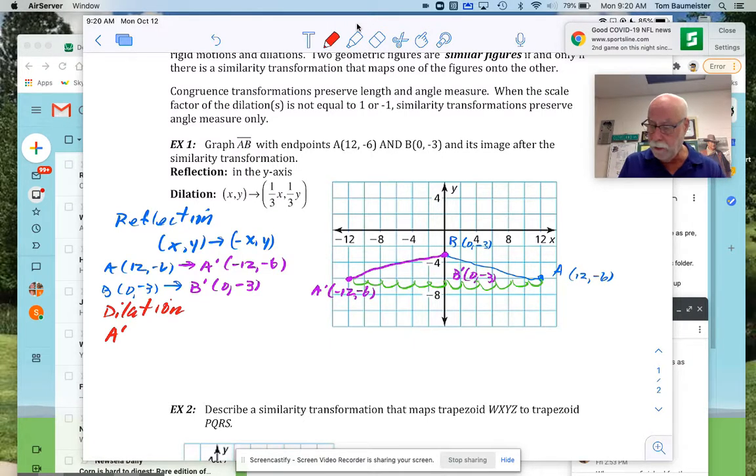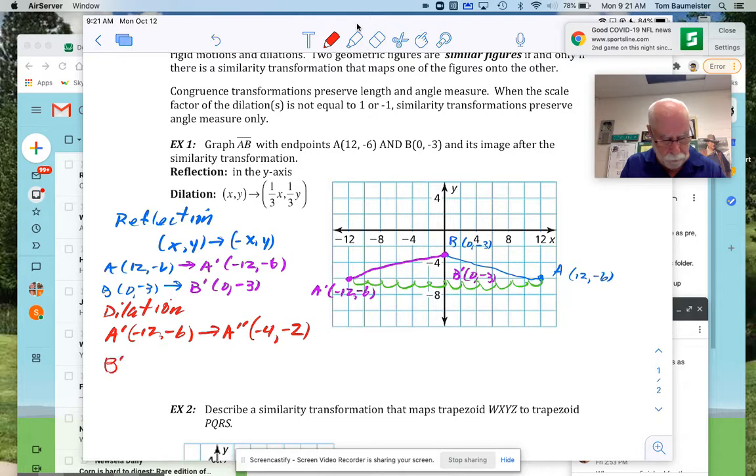All right, so our A prime, we went from -12 to -6. So that'll map onto our A double prime. So 1/3 of -12, or -12 divided by 3, will give us -4, and -6 divided by 3 will give us -2.